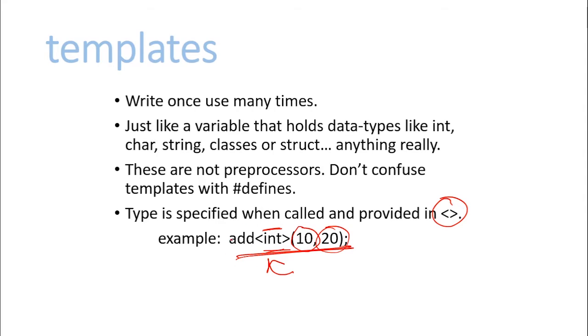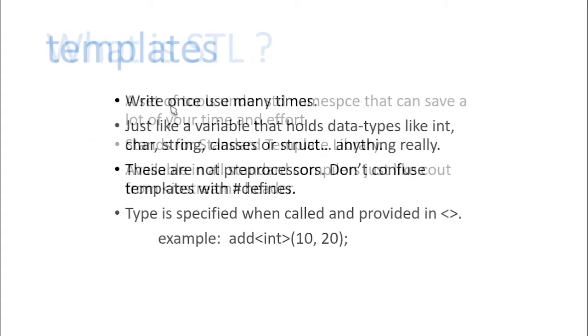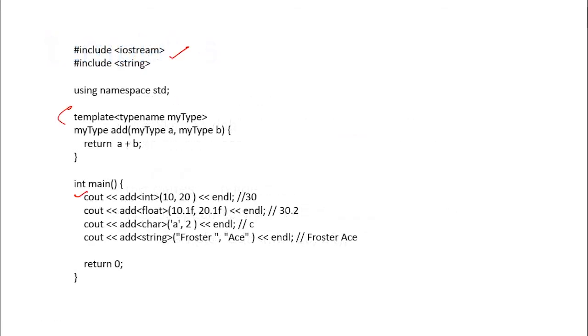And we will see an example, and I think this is a very simple example. We can see that we are first of all including iostream for using cout, and here we are defining our templated function. So what does this function do? First of all, to make templates usable, you have to write template and then angle brackets.